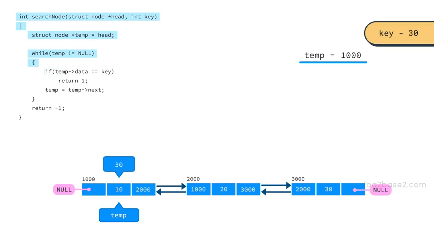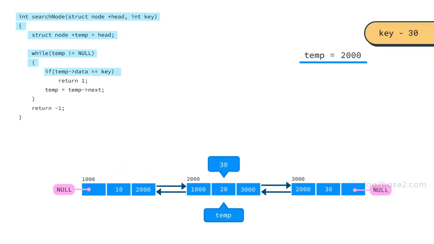So if fails, so jump to the next statement. And the next statement is temp equal to temp next. Now temp will be holding the next node address, which is 2000. So temp now points to the second node. Again the while condition is checked. Temp equal to 2000, which is not equal to null. So enter the loop and compare 20 with 30, but it is not the same. So if fails again, and it jumps to the next statement, and temp will now point to the next node at 3000.